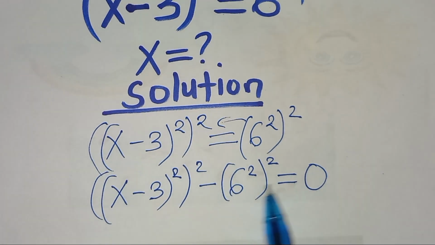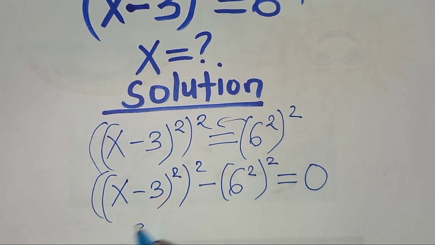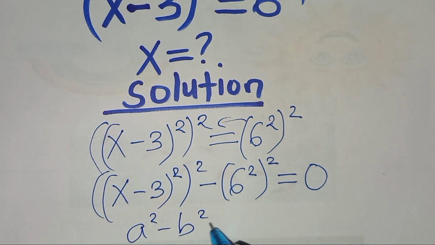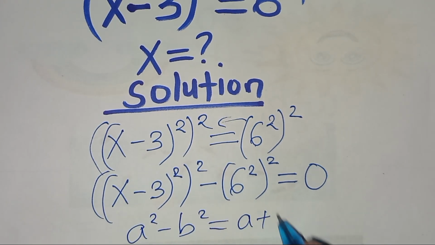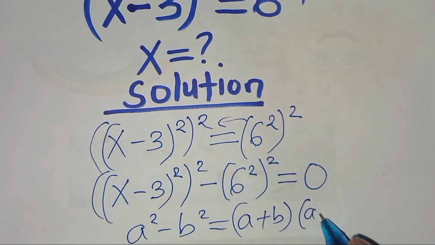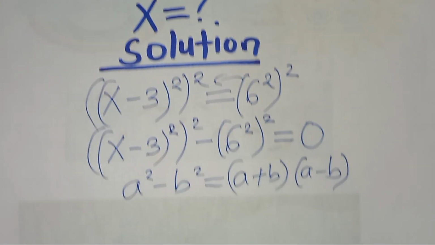You find that this is in the form of a squared minus b squared, which we can express as (a + b)(a - b).